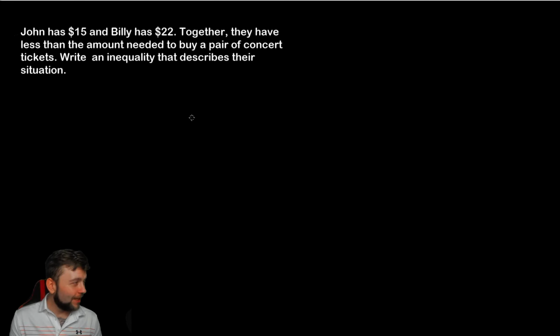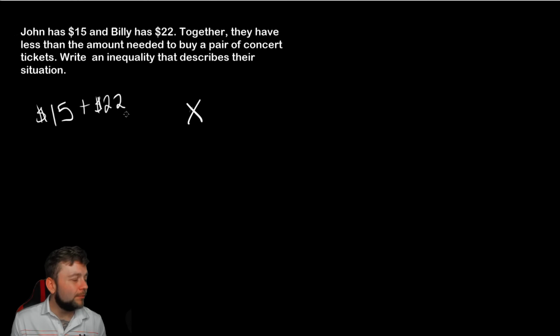So, we have John has $15, Billy has $22. Together they have less than the amount for the ticket. We don't know what the ticket is, so we're going to put that as X, okay? And they have less than that amount. So let's go ahead and we add, because they are together, it's 15 plus the $22.